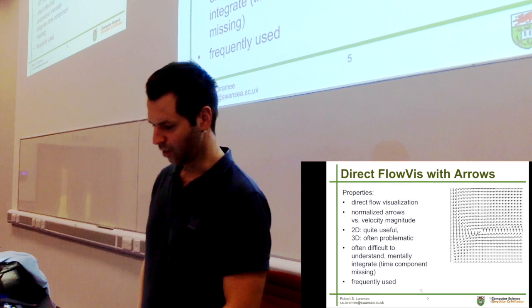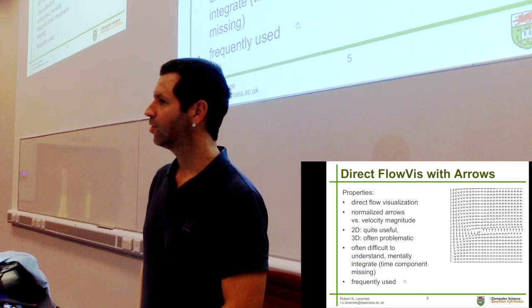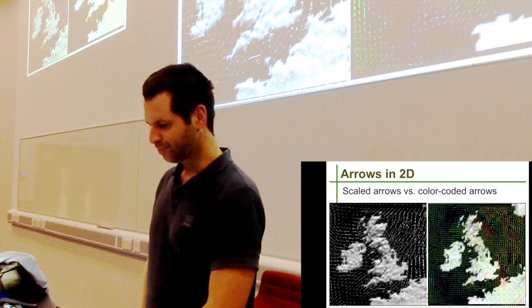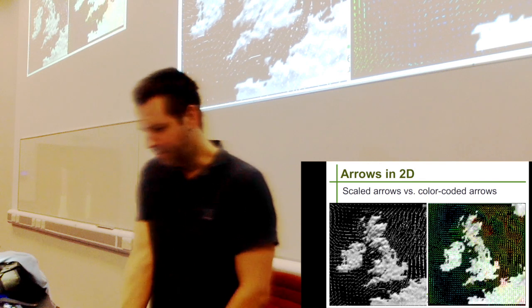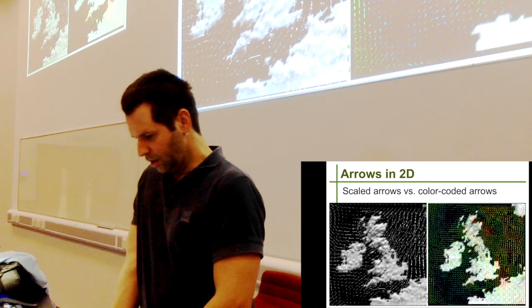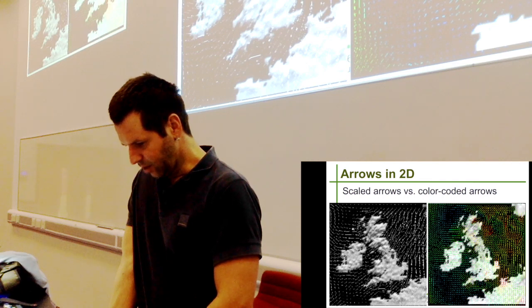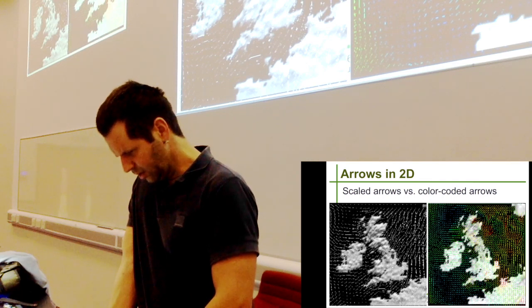This is used quite a lot, right? Especially if you watch the weather report, you'll see glyphs being used. Here are some examples. This is glyphs over our favorite islands.